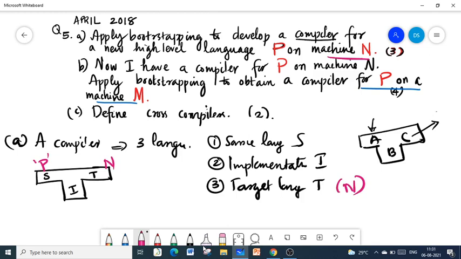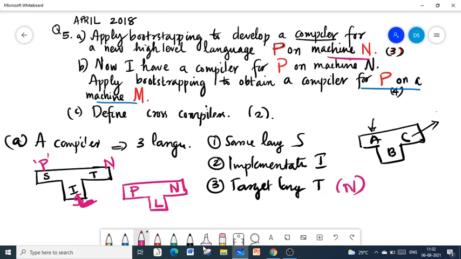For example, I am taking the implementation language L. So I can draw the diagram like this. This is P, this is the implementation language L, and this is the target language to be obtained. So that is the first question.